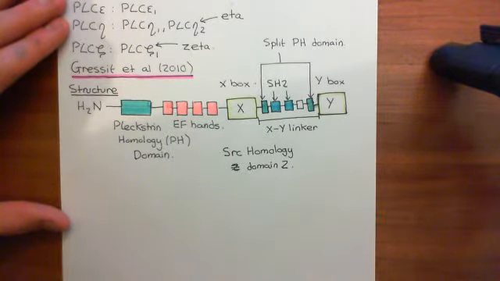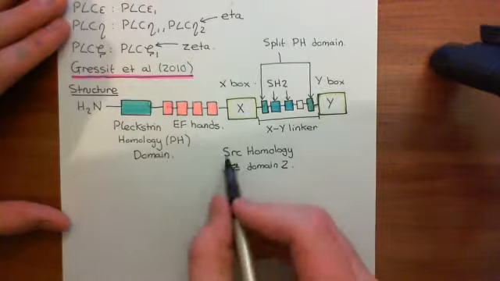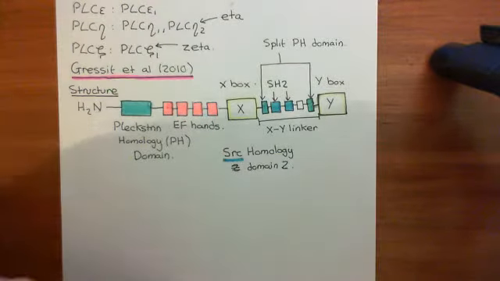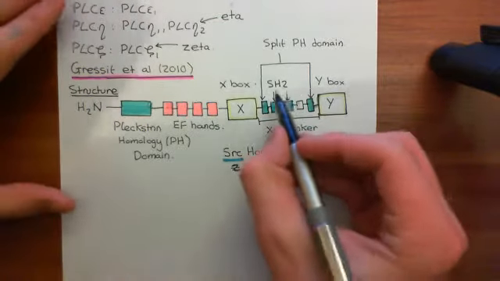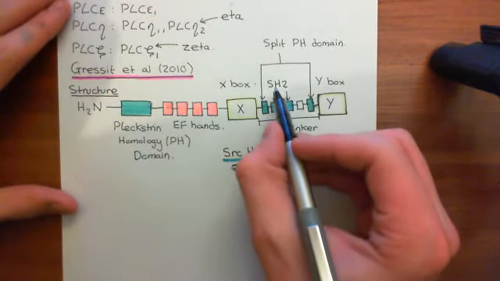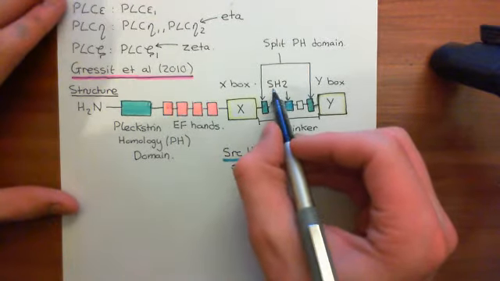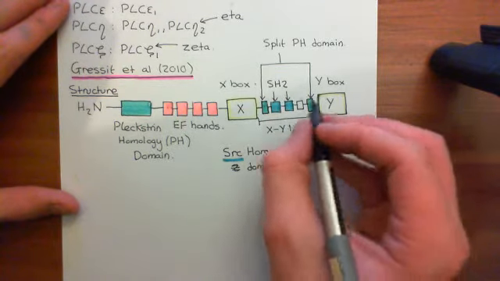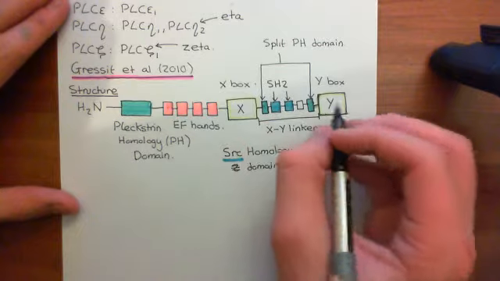These are conserved structures that you find in a huge number of different proteins, and which were originally found within this protein Src. These are going to be extremely important in the activation of these phospholipase C gamma enzymes by receptor tyrosine kinases. So we'll come back to these.